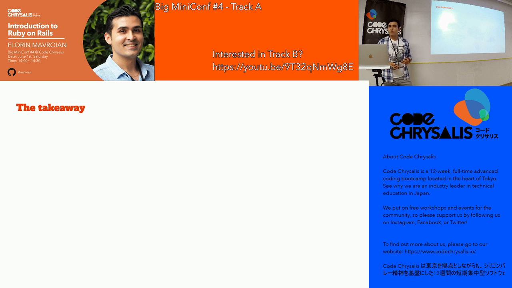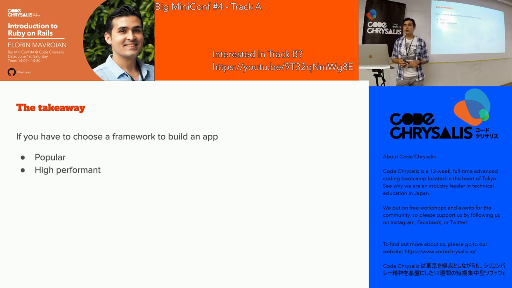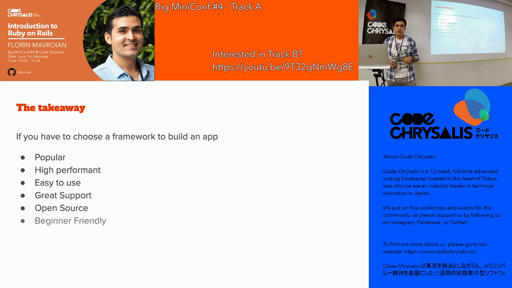The takeaway of this presentation is that if you have to choose a framework to build an app, you should choose a popular framework, a high-performant one, easy to use, that has great support, is open source, and is beginner-friendly.